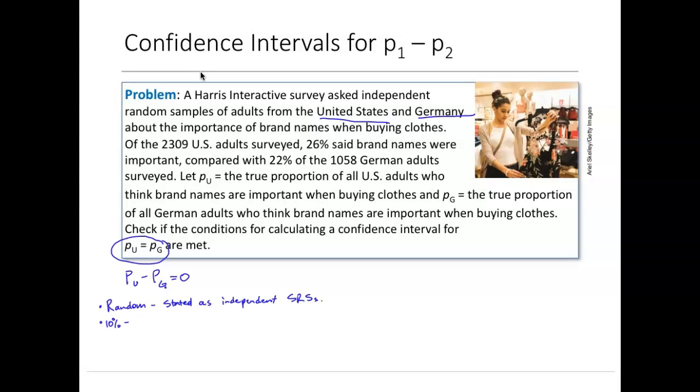So for the US sample, I would say there are more than 23,090 US adults, if I multiply the US sample by 10, and 10,580 German adults.